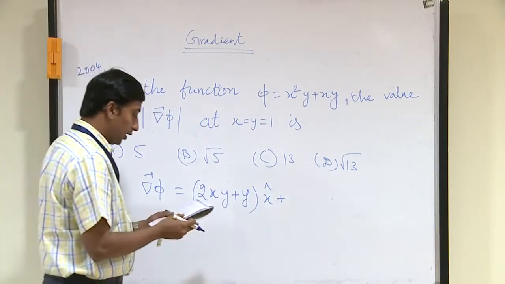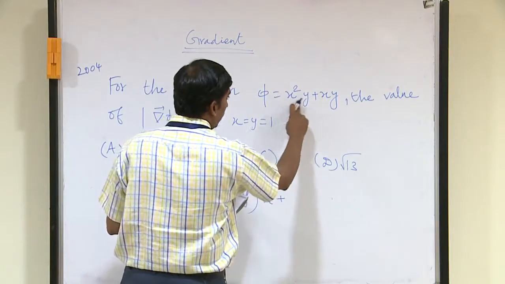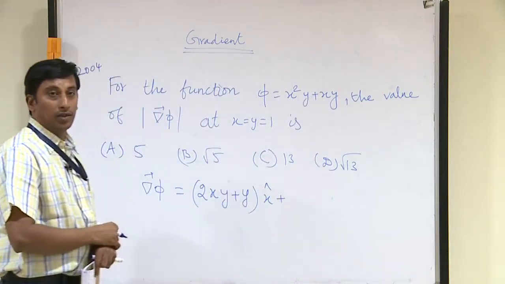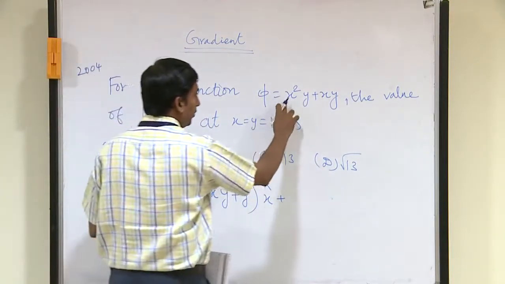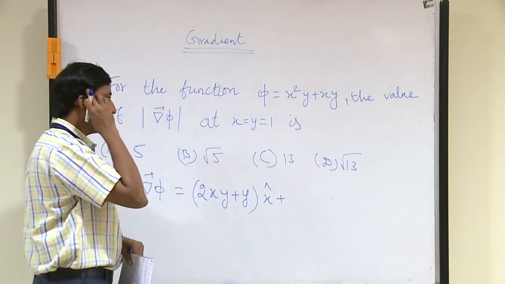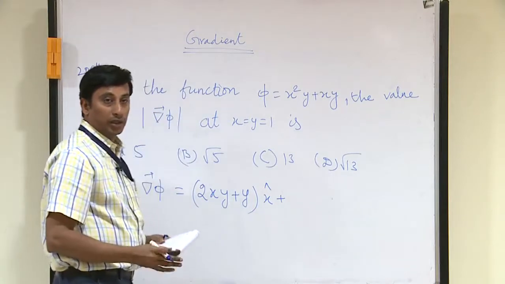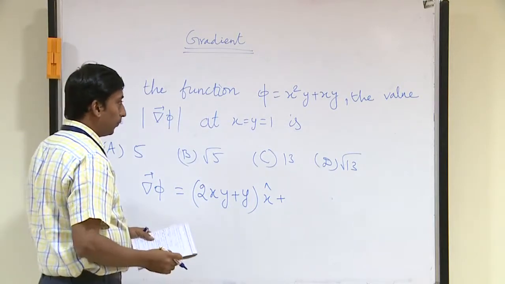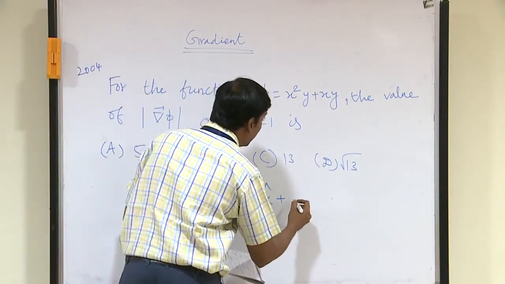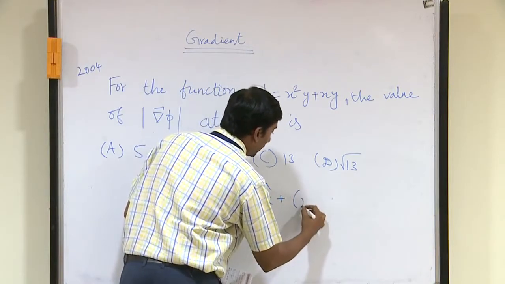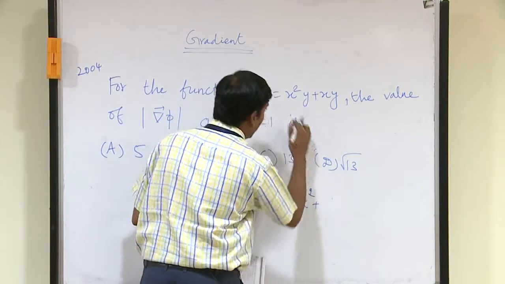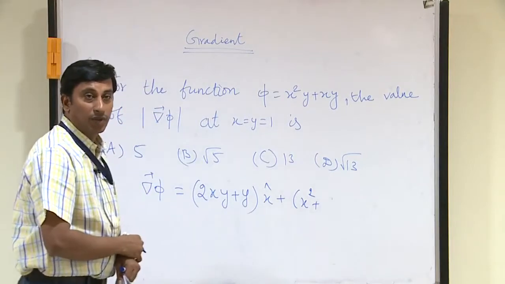So what is the given function? x square y plus xy. There are two terms with x. If you find the derivative with respect to x, you will get 2xy plus y. What will be the second term? Keeping x constant, you have to take the derivative with respect to y.